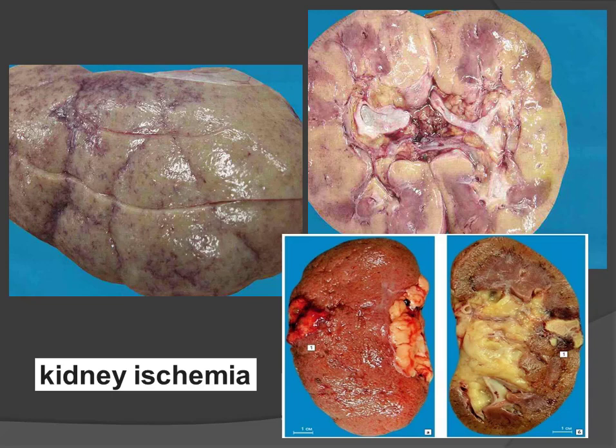The more developed the collateral network, the less severe the consequence of ischemia. Status of the collateral arteria: the worse the condition of collateral arteries, the more severe the consequence of ischemia.